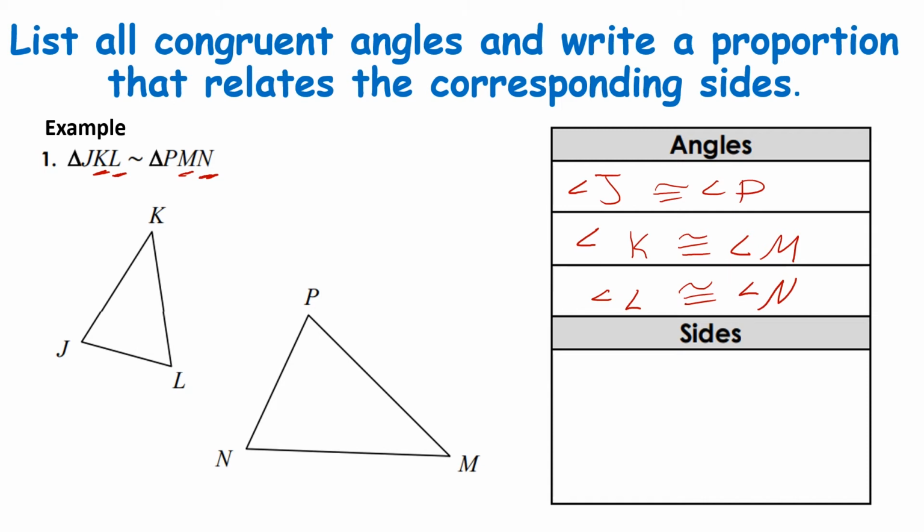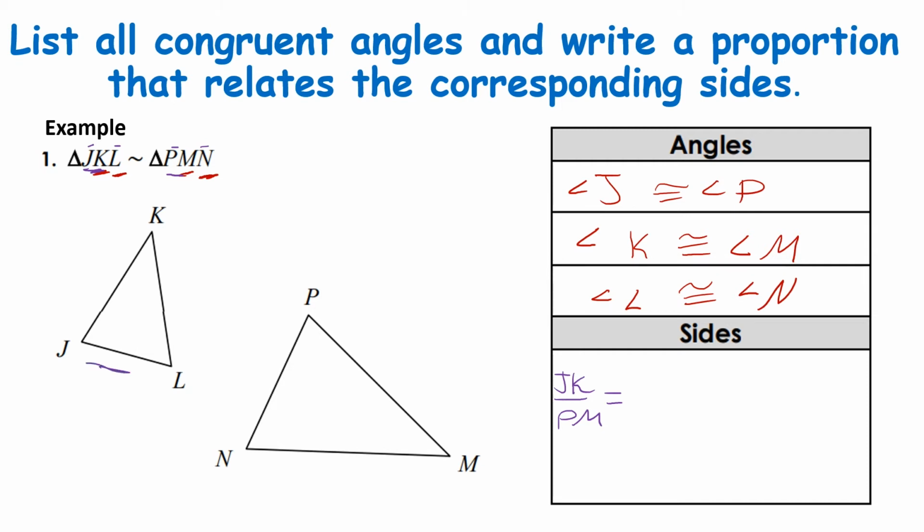You need to look at the similarity statement to see what angles are congruent. The proportional sides, looking at my similarity statement, would be JK and PM. So a proportion would be JK over PM is equal to JL over PN, both in the same position, first and last.